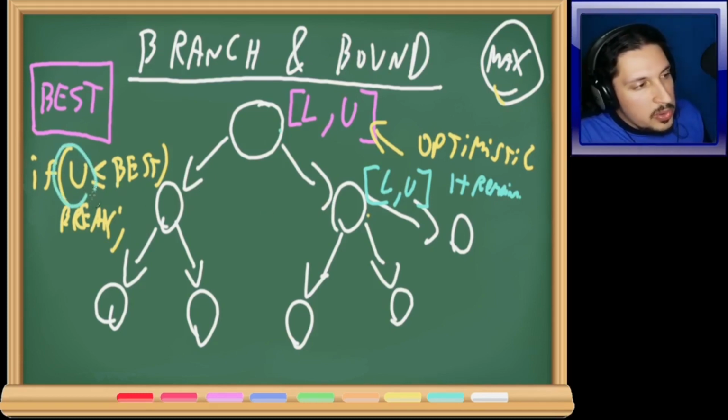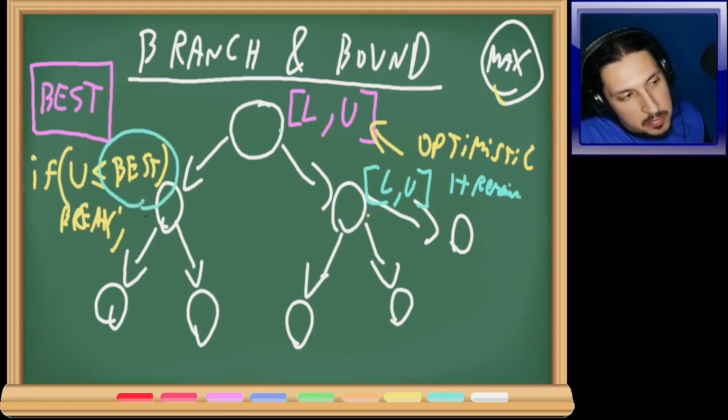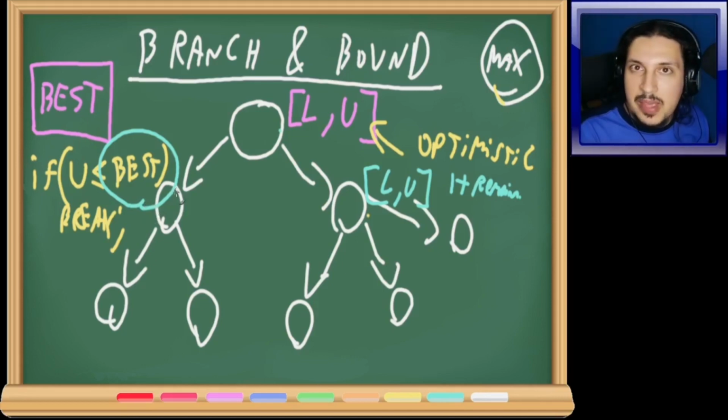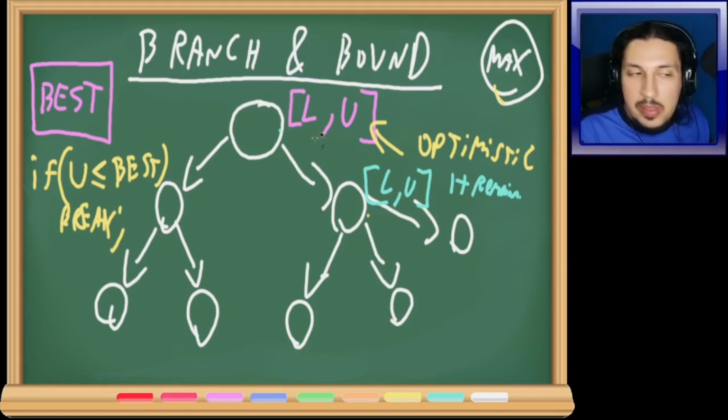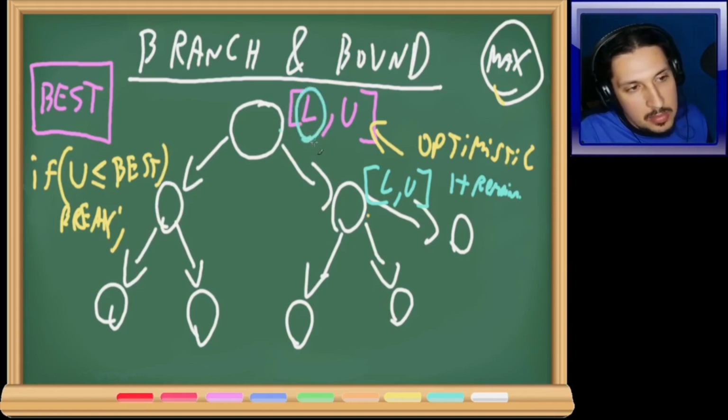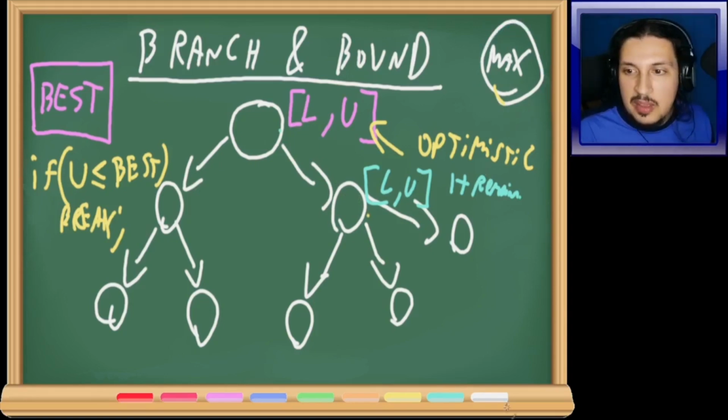So we have mentioned U, we have mentioned best, but we still haven't said when we update it. And we haven't said anything about L. Well, L is not always used. The idea would be to get a lower bound in a maximizing problem, which is typically a greedy solution or a simple solution or a direct solution that can be computed quickly.